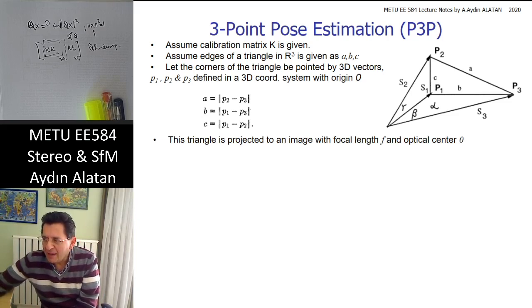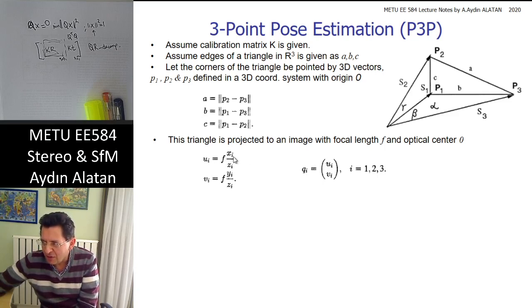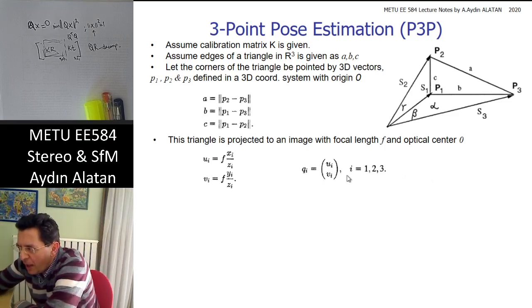Now, this triangle is projected to an image with a focal length f and the optical center O. Let's assume I'm observing perspective projection. The xi and zi are the coordinates of my vectors; for example, p1 is equal to x1, y1, z1. ui and vi are what I observe in my image. Therefore, this is qi, known to me. There are 3 points on the image.